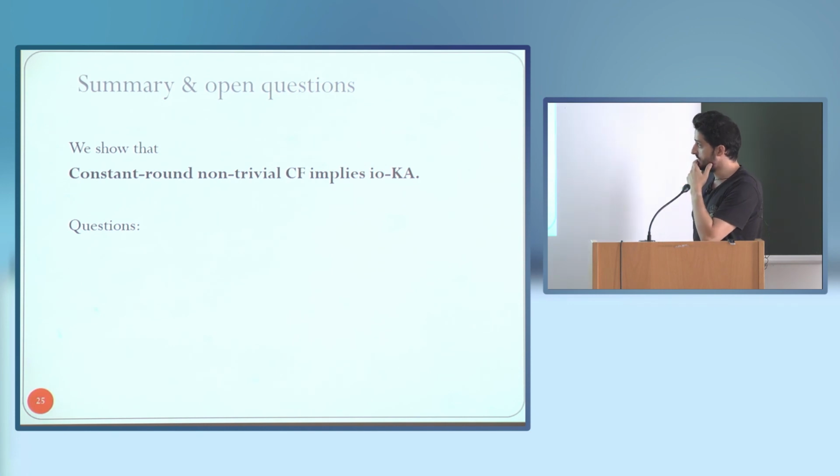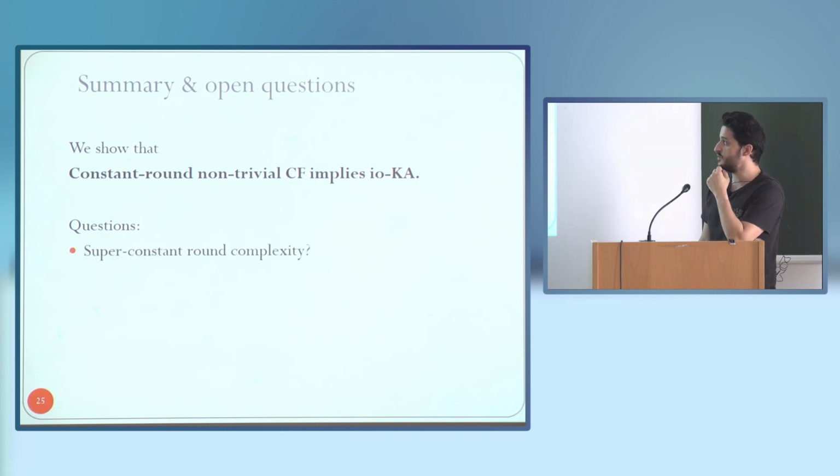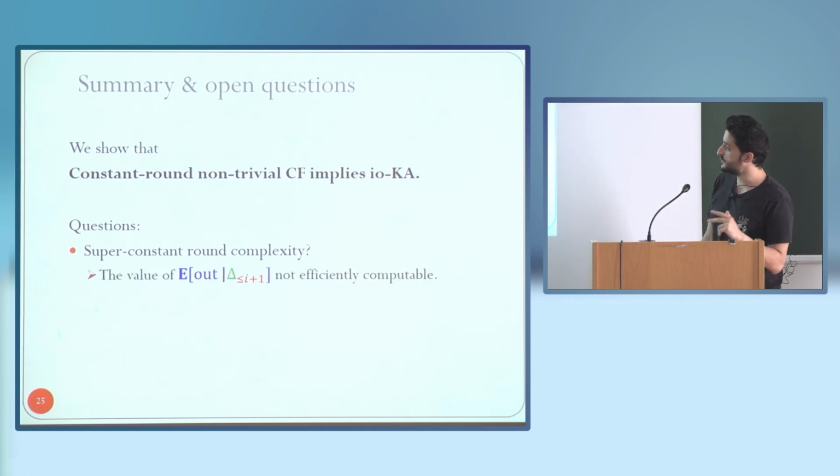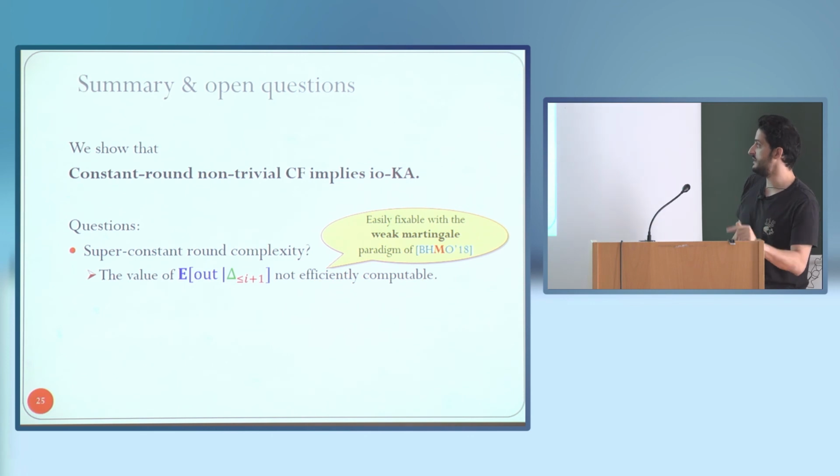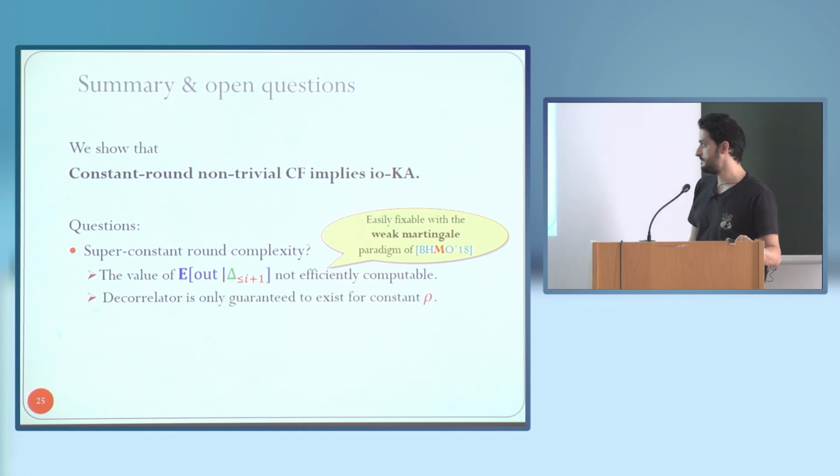The natural questions to consider would be, first of all, what about super constant round complexity? We run into two problems with this. The first one is that the value of the expectation might not be efficiently computable anymore. But this is not really a problem because we have a way to fix it using the weak martingale paradigm from our attack.